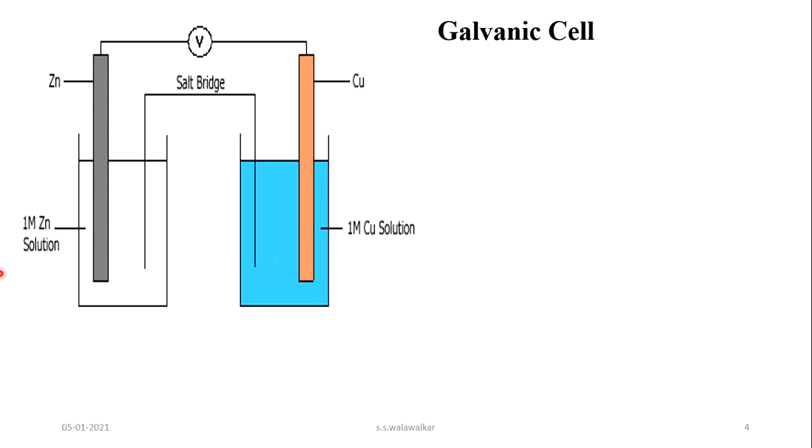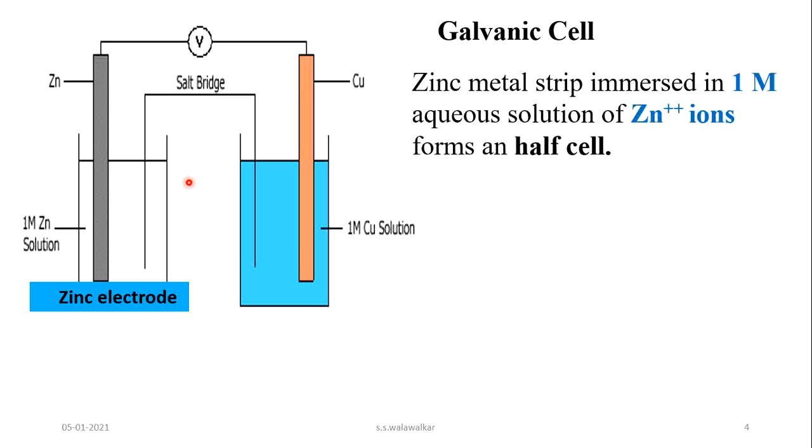Suppose here zinc sulfate solution is there, and in that zinc rod is dipped, and the concentration of the zinc sulfate solution is 1 molar. Then it forms one half cell. Like that, here the second electrode, that is copper strip, is dipped in copper sulfate solution having concentration 1 molar.